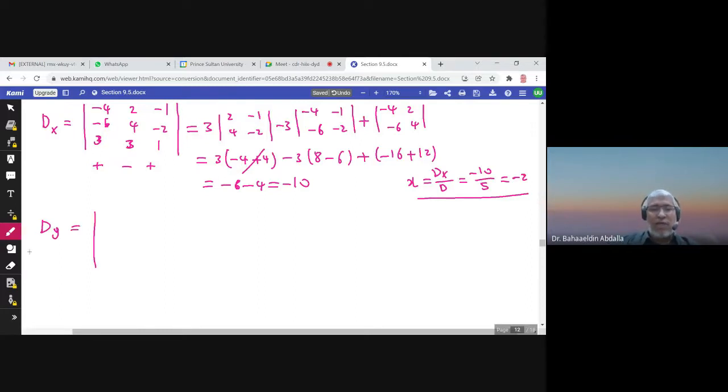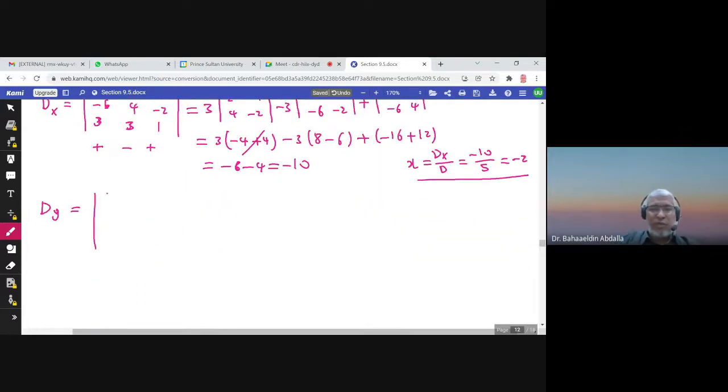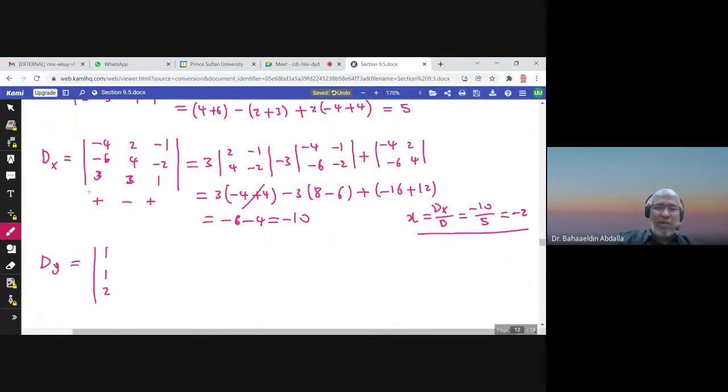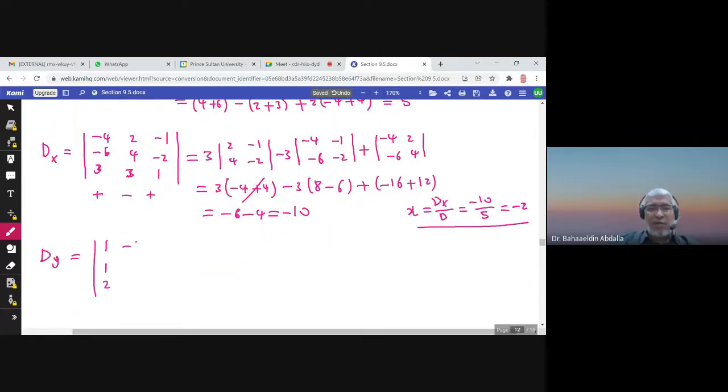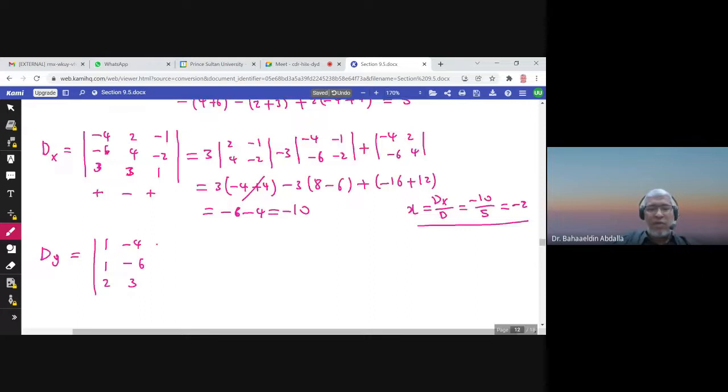Well, Dy, the determinant of y, I write again 1, 1, 2, the first column as it is, but I replace the second column in D by negative 4, negative 6, and 3, the constants. The third column, I write it as it is.